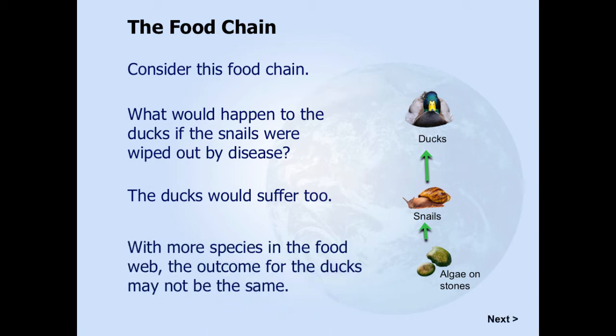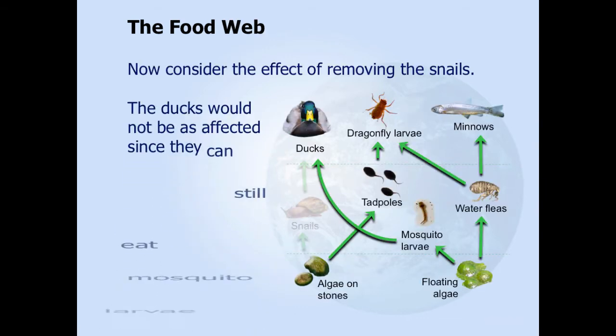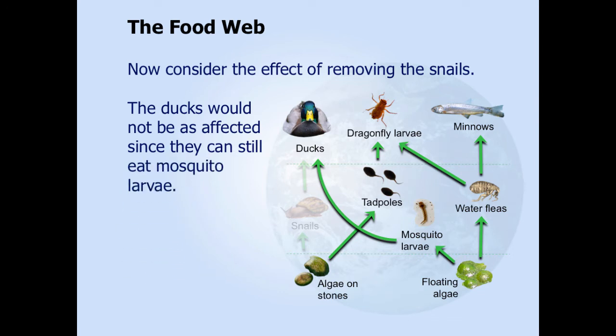With more species in the food web, the outcome for the duck may not be the same. So now let's look at a food web instead of just that food chain. Now we have algae and floating algae balls, which you've probably seen if you've ever gone to lakes and ponds during the summer. I know I see them all the time. Those are our producers.